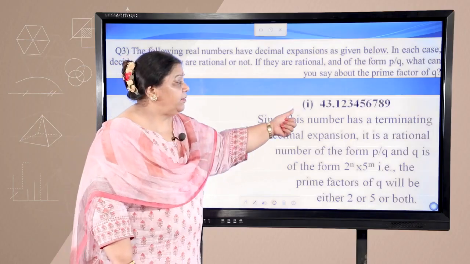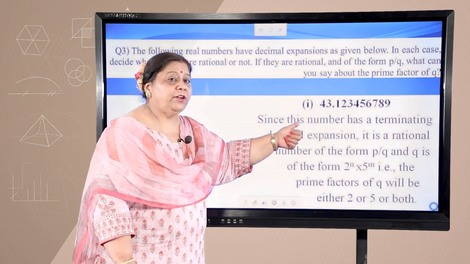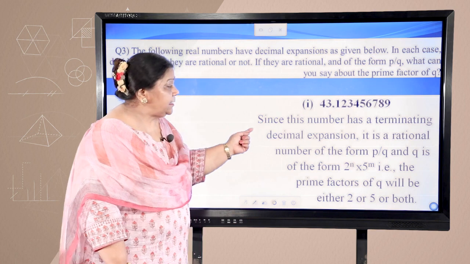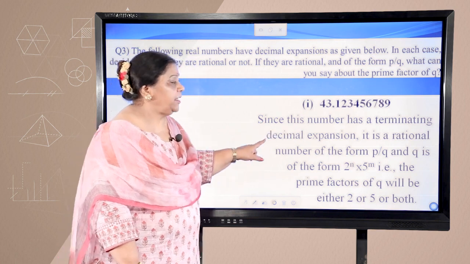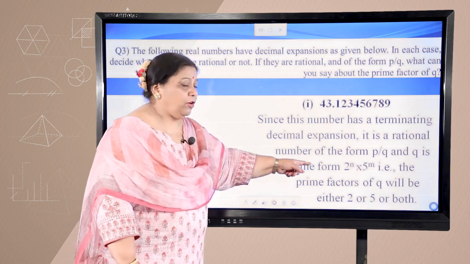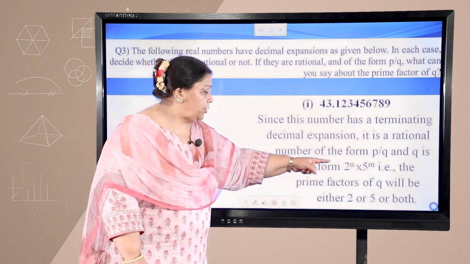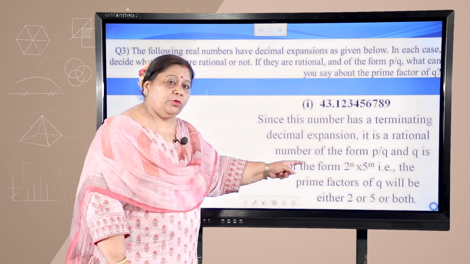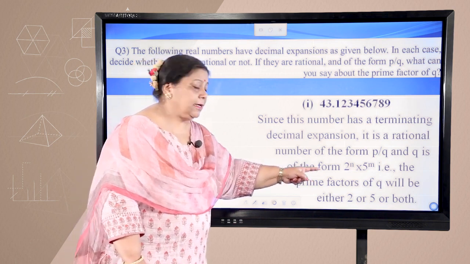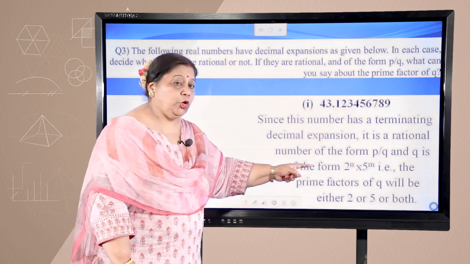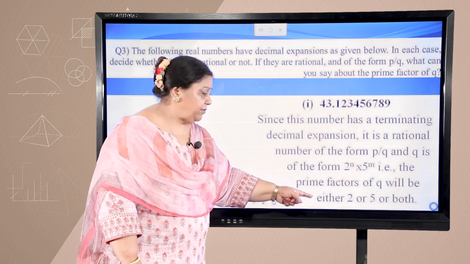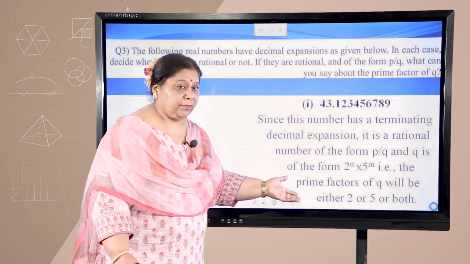First question is 43.12345678. Since this number has a terminating decimal expansion, it is a rational number of the form P upon Q, and Q is of the form 2 to the power n into 5 to the power m. That is, the prime factors of Q will be either 2 or 5 or both.